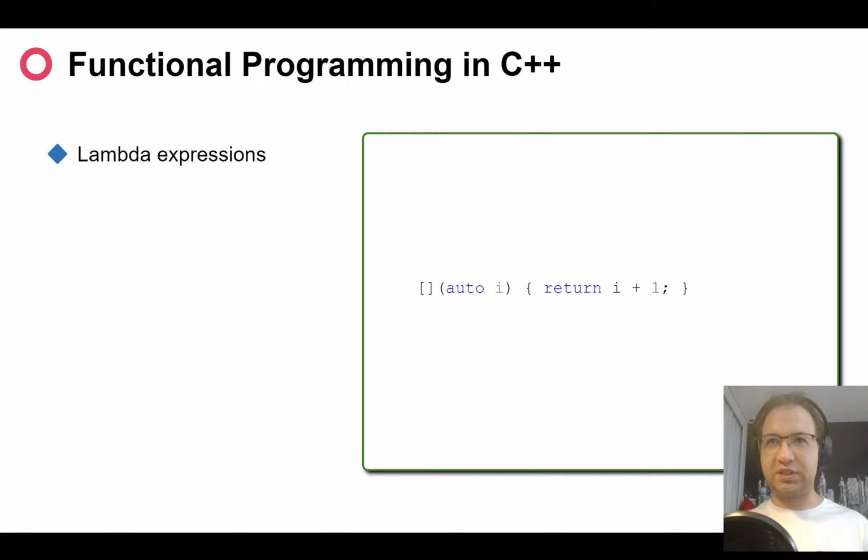Let's talk about C++, because C++ is not one language. C++ actually is the most difficult language of all, and it has at least 4 sub-languages.